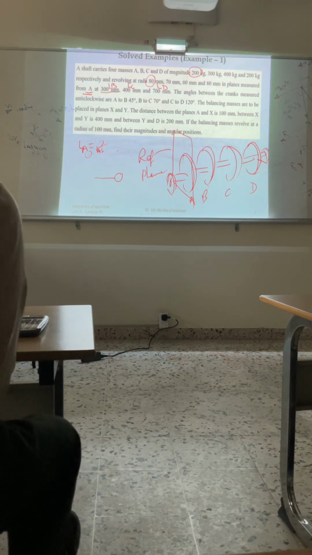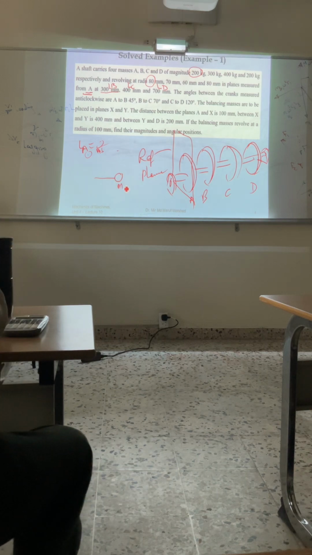And to make my life easy, I decided to let the A reference lie on the x-axis as we used to do earlier. So this is MA, which means that my angle theta A is equal to 0. Again, this is MB.